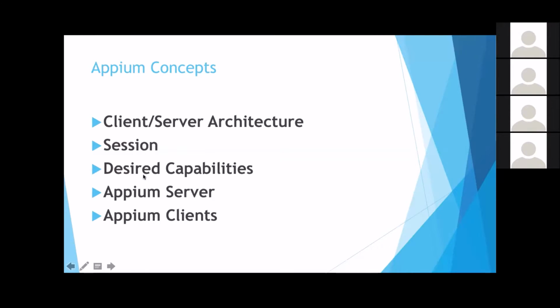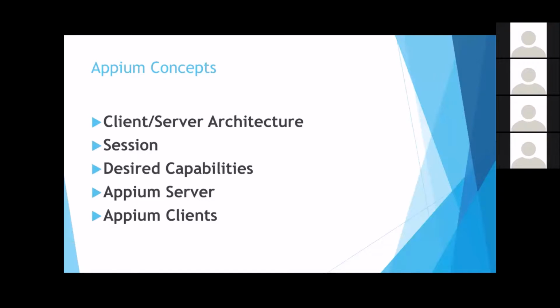We have desired capabilities. Desired capabilities are nothing but, in order to start your automation, a particular set of features which should be available on your client device. Say you are automating on Android, say a Nexus 5 device, in portrait mode.